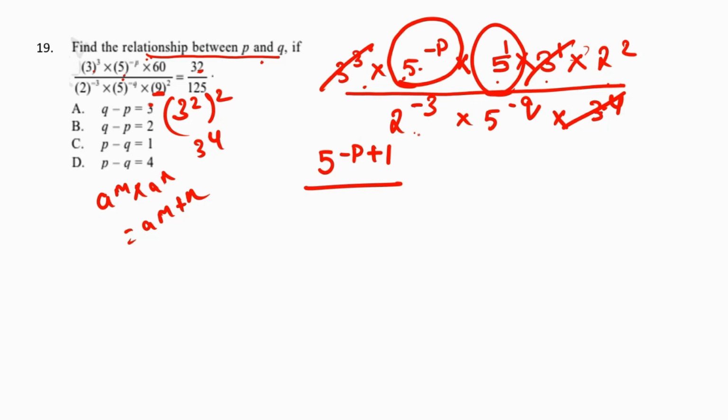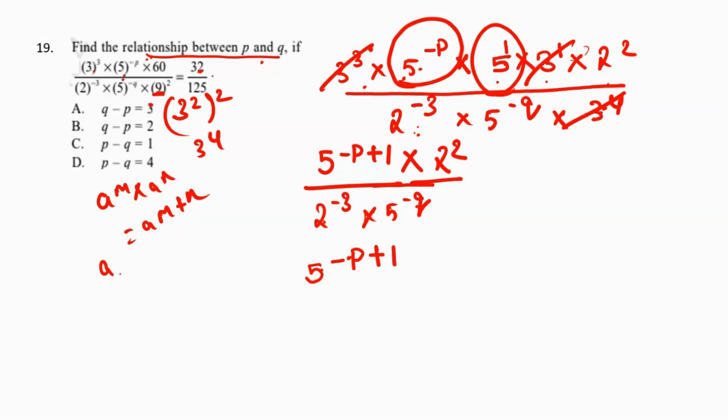And next, under the denominator, we have 2 raised to minus 3 multiplied by 5 raised to minus q. In the numerator, we have a power of 2, which is 2 square. Now the whole thing can be written as 5 raised to minus p plus 1. Again, a to the power m by a to the power n is m minus n. So minus p plus 1 minus of minus q is plus q, by 2 raised to minus 3.